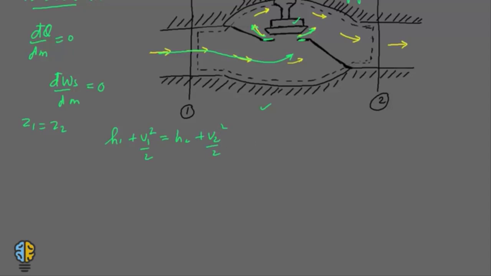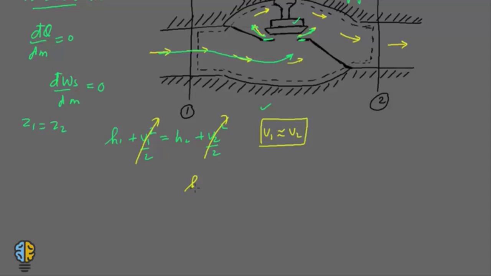In this equation also, we need to consider that the pipe velocities while throttling are very low. So the velocity V1 is almost equal to velocity V2. There is no appreciable change in velocity. So they can be cancelled off.